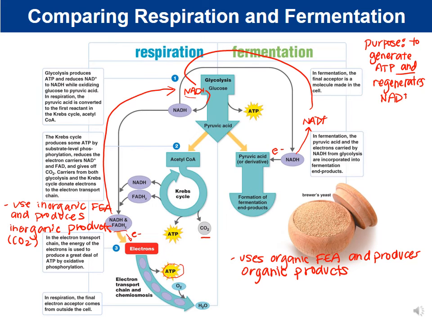And so again, the way that we do that is that we use organic final electron acceptors like pyruvate, like acetaldehyde, and we're going to use those organic products to take the electrons so that NADH can go back to being NAD+, and NAD+ can go back to glycolysis and pick up more electrons, so that at least glycolysis can occur and at least we can get some ATP during this process. It's not much, it's only 2 ATP per glucose, but it works well enough for slow growing organisms.